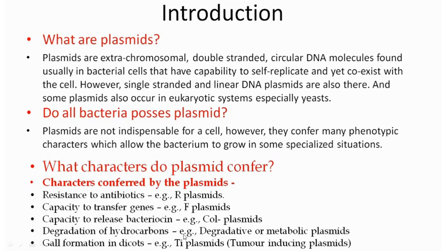Degradation of hydrocarbons is a function of degradative or metabolic plasmids. Gall formation in dicots, which has been used in plant genetic engineering, is the function of Ti plasmids, tumor-inducing plasmids, or Ri plasmids, root hair-inducing plasmids.